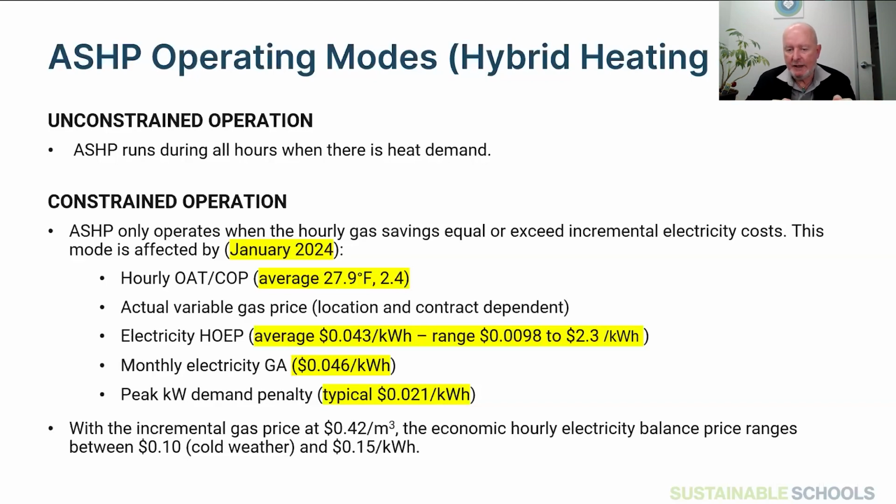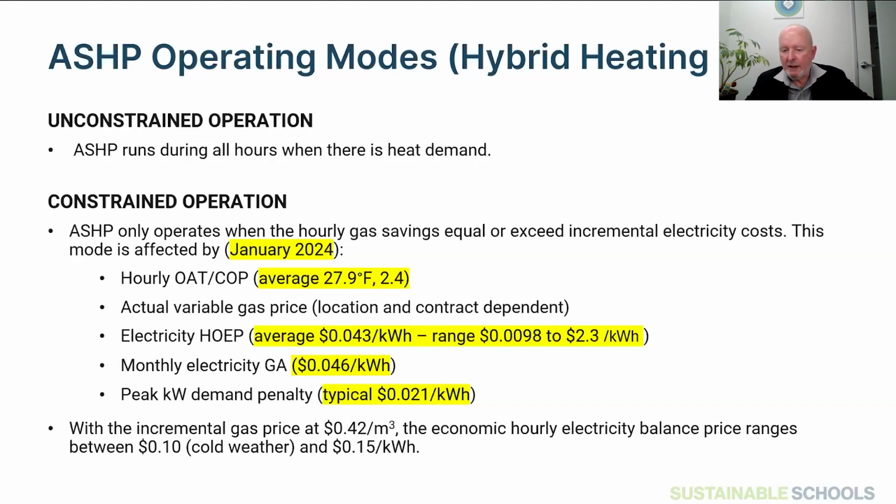So it's air source heat pump operation with demand limiting, which is also looking at the hourly electricity price. So optimizing it where the air source heat pump runs only to the extent that its electricity cost is equal to or less than the gas alternative. So, optimize control of the air source heat pump so you limit it during peak demand periods, which we believe will be helpful and required in future.